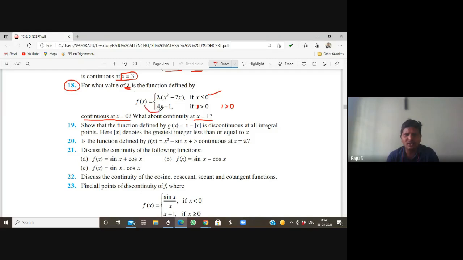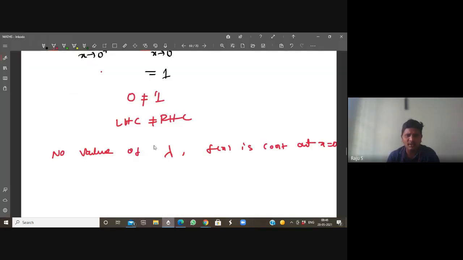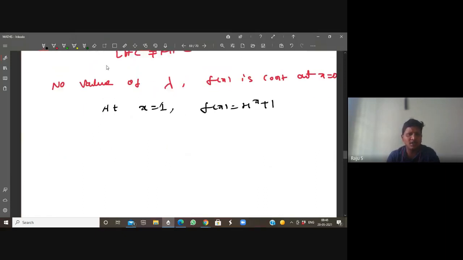So what is the function when x is equal to 1? At x equal to 1, the function value is 4x plus 1. Only one function. It is linear. We know that every linear function is always continuous, but we cannot write that directly. So limit x tends to 1, use the first formula. That is LHS.